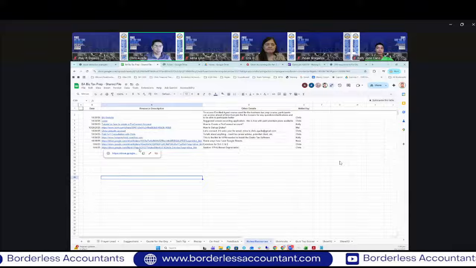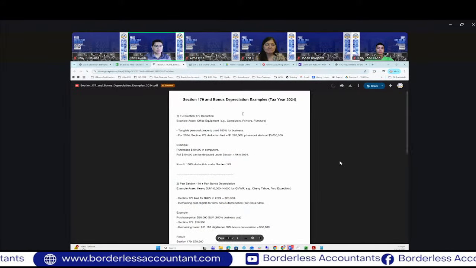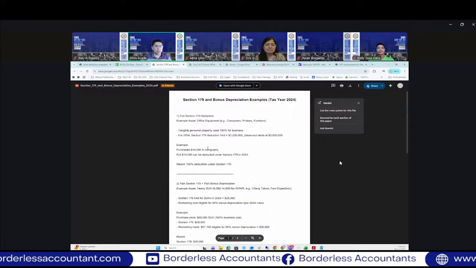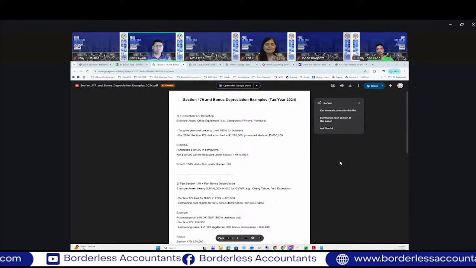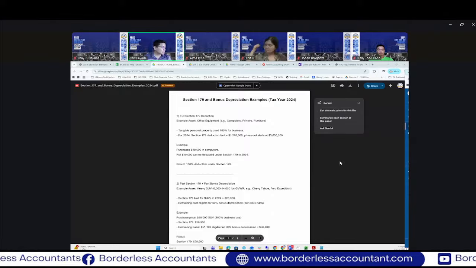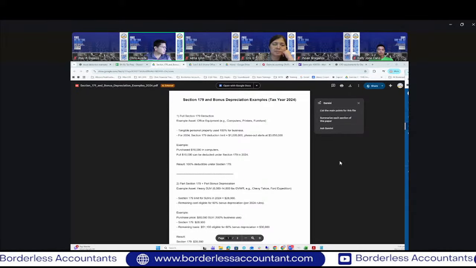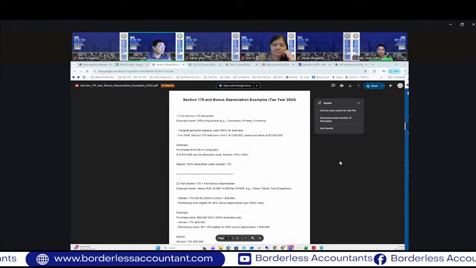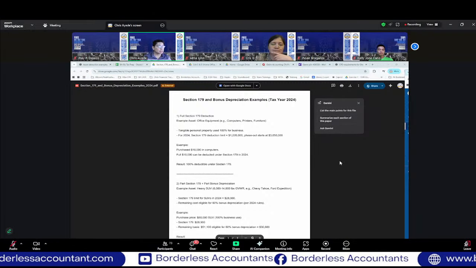And then I put here another possible exercise that you can do, featuring section 179 and bonus depreciation. Just play around with the numbers in ProConnect. If you have ProConnect already, or if you have already used ProConnect for that simulation that I shared with you just a few minutes ago, you can add depreciation featuring section 179 and bonus depreciation into that simulated return.